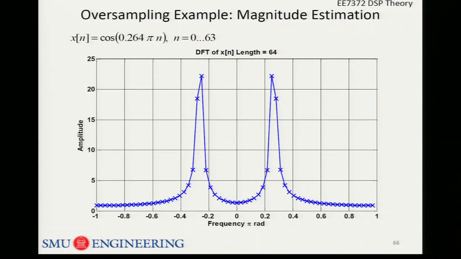And the final section is magnitude estimation. Suppose you had some signal, and you do a DFT on it, you get this, and you think, okay, this is the peak value, so that means something. Is that a target, or a signal that I'm trying to acquire? Is it a communication signal? What is the magnitude of it?